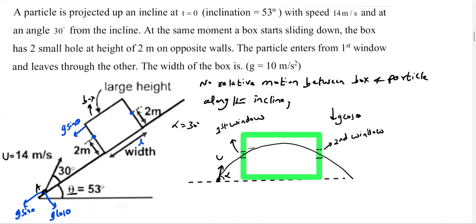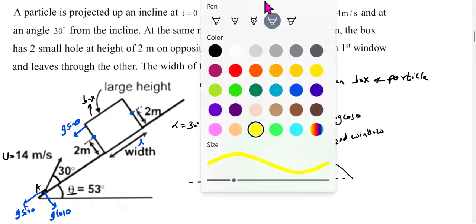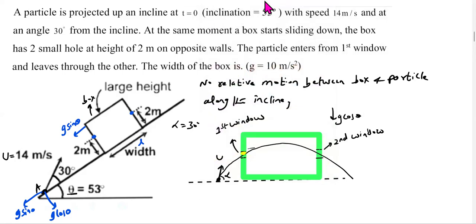Those windows I'll show by some color. The particle will pass through them. What is the height of these windows? 2 meters.